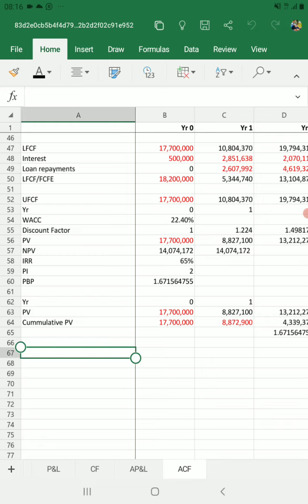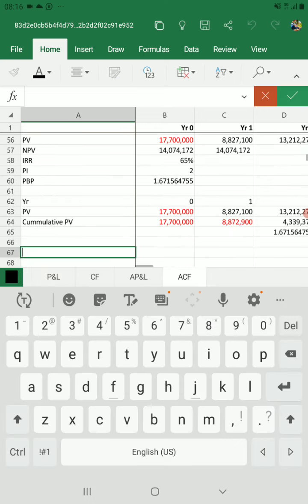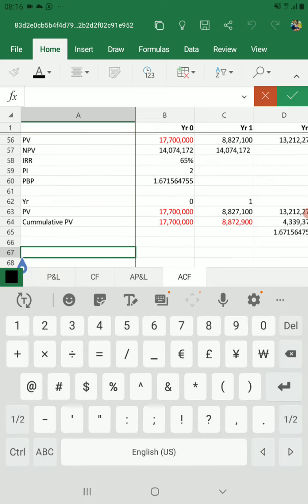For the modified rate of return, let us start with picking our unlevered free cash flow and number of years and bring them down here. Let me double tap here and start with an equal sign. Sorry, not there, here.